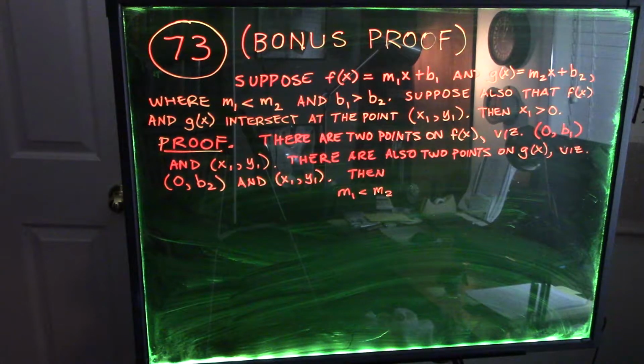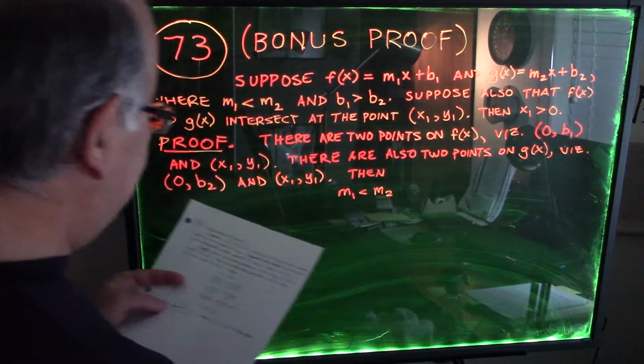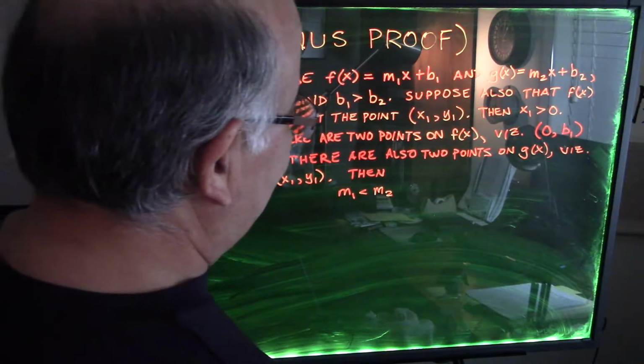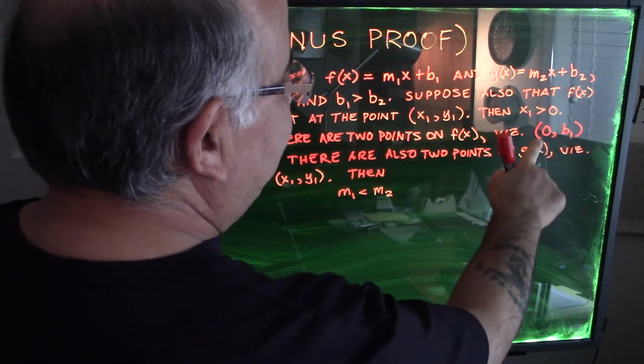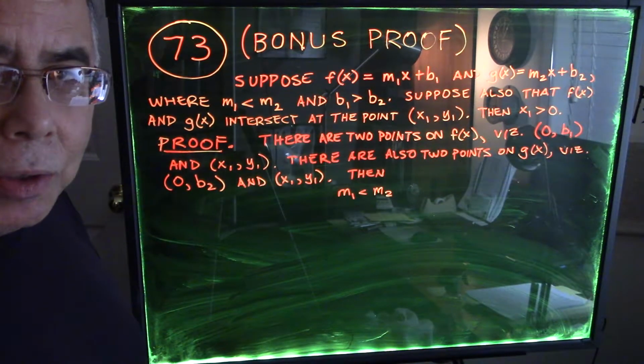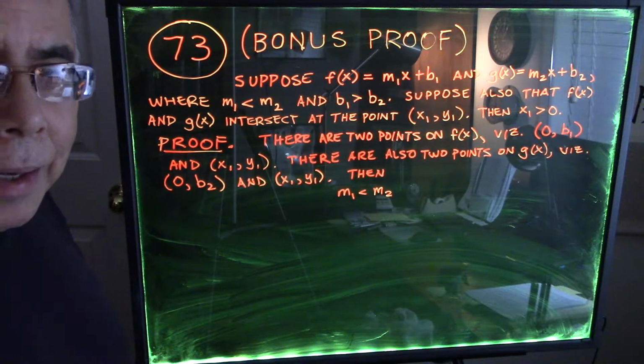So we're just using the condition that we gave. All right. Well, what is m1, or how can we describe m1, the slope of f of x? Well, we've got these 2 points that we know are on f of x. So we can use the formula for slope with 2 points on that line.